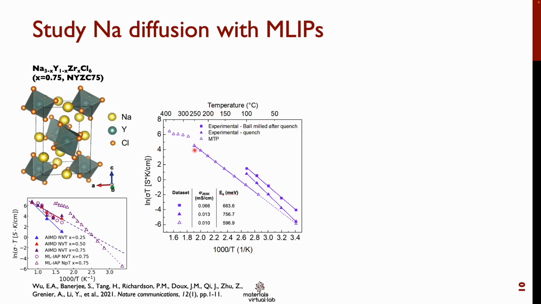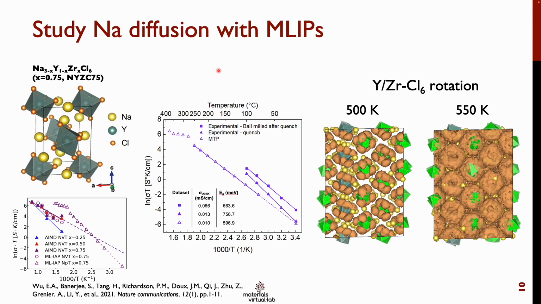And again, we also observe non-Arrhenius behavior at around 500 to 550 Kelvin. And this time, we trace the mechanism back to the rotation of chlorine surrounding the yttrium and zirconium octahedra. As you can see, in the same time frame, if the temperature is above 500 Kelvin, then the chlorine is actively rotating.